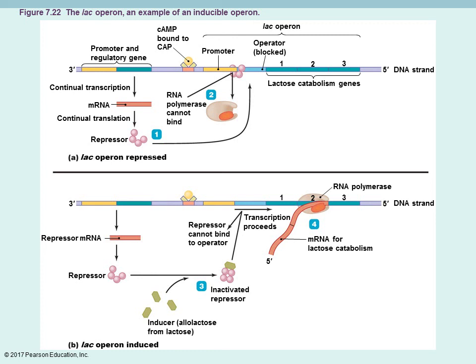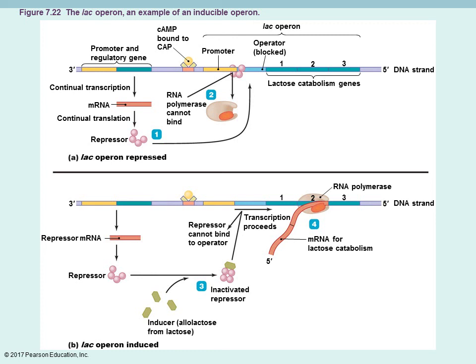So lactose binds to the repressor. The repressor cannot bind onto the DNA strand, so therefore RNA polymerase can bind to the promoter area. The repressor is not there, so it can bind, and then it can just pass right through over the operator region because that's no longer blocked, and it can start reading past those 3 genes, producing the mRNA that's needed now. Ultimately, afterwards, translation will occur, and you'll make the enzymes that are necessary to break down the lactose.